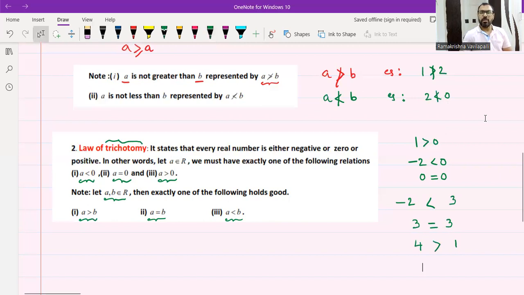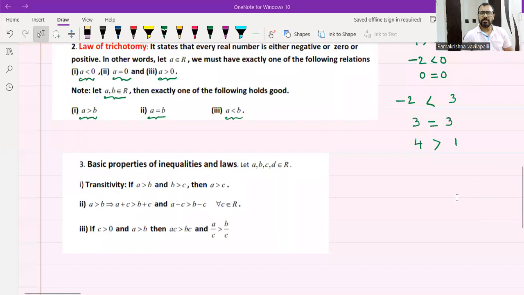Now, how do we use these techniques for further algebraic operations? Here are some basic properties of inequalities. I have taken some real numbers A, B, C, D. What is the first one?